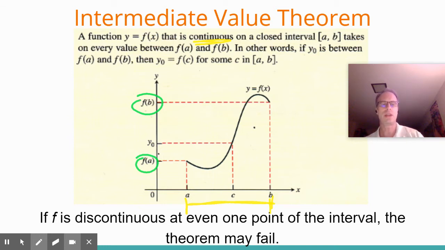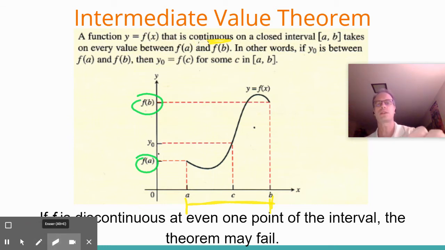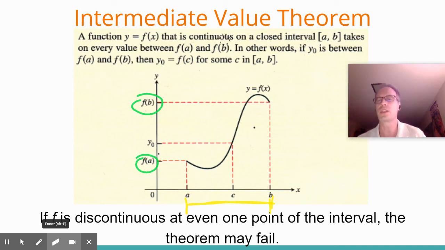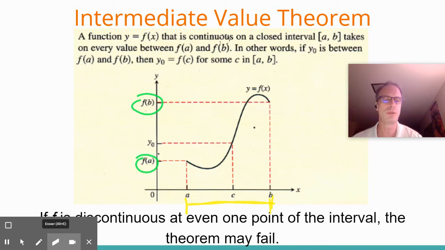Now, I actually had a student a few years ago say, hey, Mr. Johnson, can I just call this the no duh theorem? Because this is kind of obvious. You just told me that it's a continuous function. Yes, I did. So if it's continuous, it means that every y coordinate has to be represented.